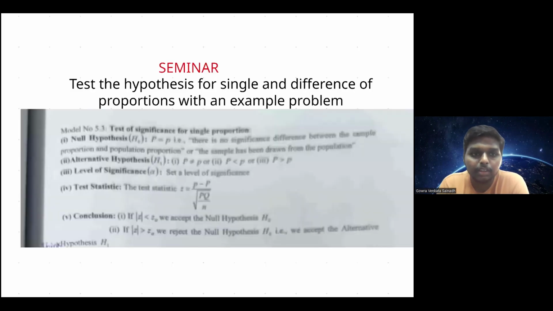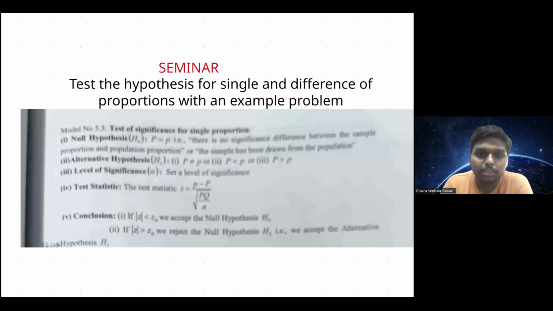Now let's see the hypothesis for single and difference of proportions with example problems. Firstly, we discuss the test of significance for single proportion. For this, we have five important things. First is the null hypothesis, H naught. Here P is equal to P0, that is the population proportion.